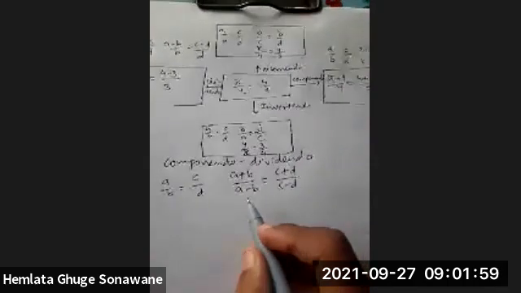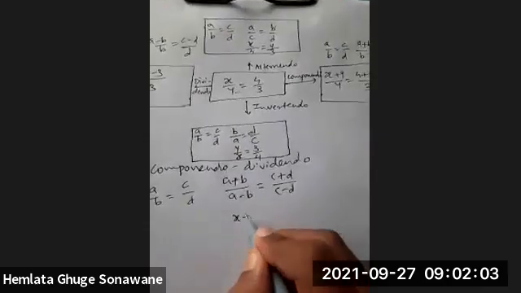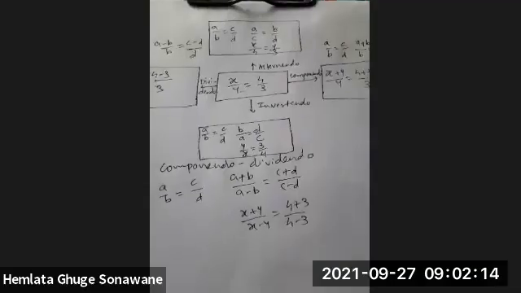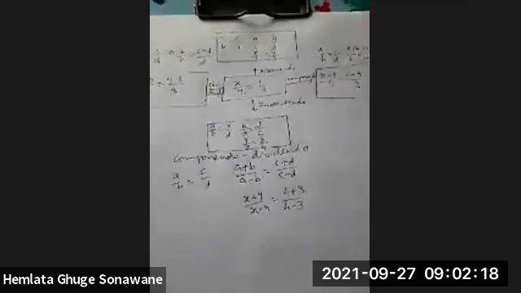Yes, beta. X plus y upon x minus y, and 4 plus 3 upon 4 minus 3. Very good. Thank you very much.